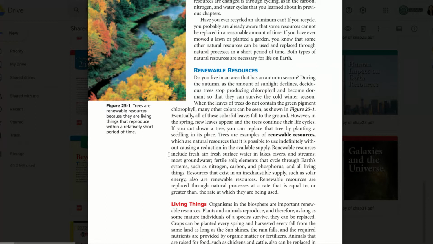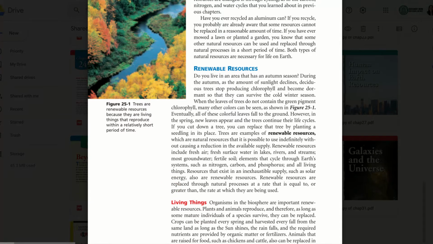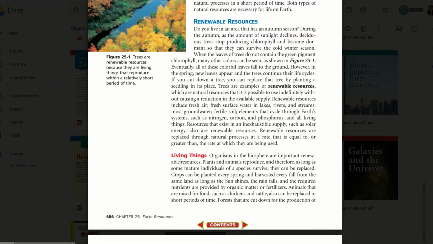Renewable resources include fresh air, fresh surface water in lakes, rivers, and streams, most groundwater, fertile soil, elements that cycle through Earth systems such as nitrogen, carbon, and phosphorus, and all living things. Resources that exist in an inexhaustible supply, such as solar energy, also are renewable resources. Renewable resources are replaced through natural processes at a rate that is equal to or greater than the rate at which they are being used.